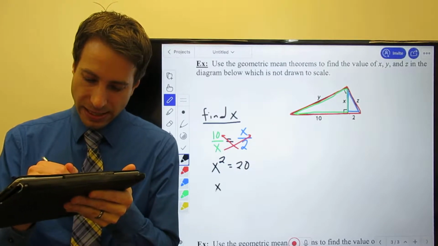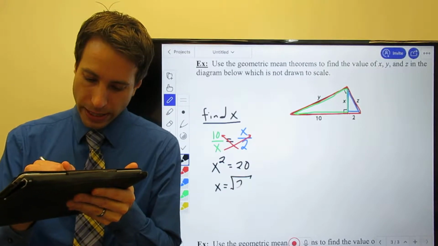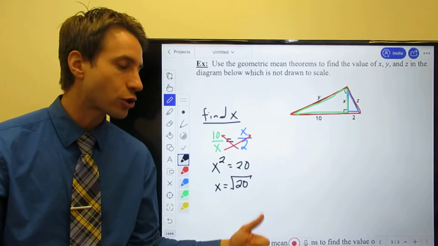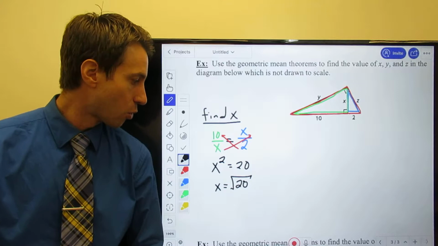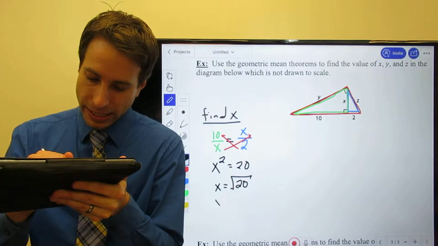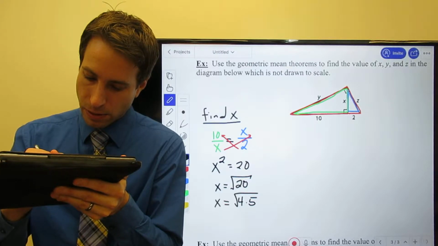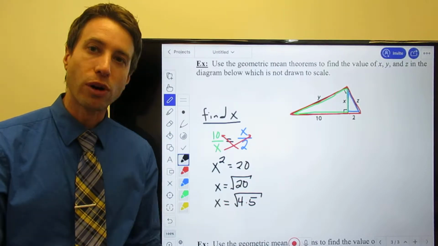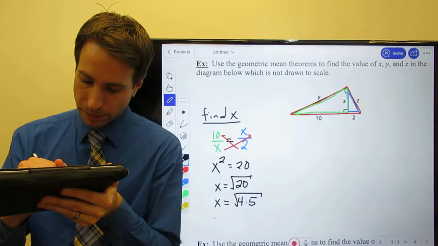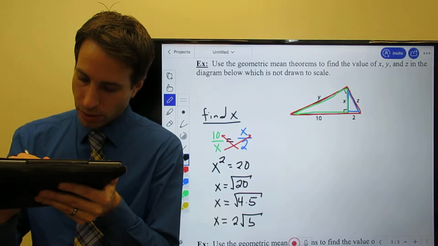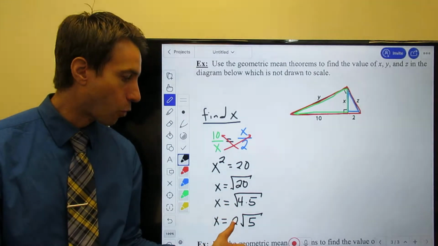To get the x by itself, we're going to take the square root of 20. 20 is not a perfect square, but that's okay. We've been simplifying these for a while. Remember, you can rewrite 20 as 4 times 5. Why do I do that? Well, 4 is a perfect square. Pull it out. 2 square roots of 5, because the square root of 4 is 2.